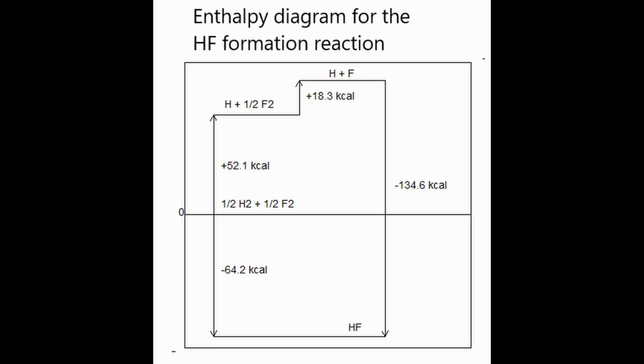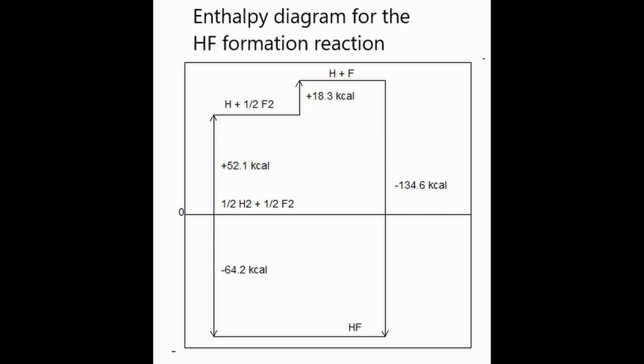When these 2 moles of free H and F atoms bond to form 1 mole of HF, 134 kcals of energy in the form of heat is released. The change in enthalpy from the initial state to the final state is the energy added minus the energy released. 70.4 kcals minus 134.6 kcals equals negative 64.2 kcals.